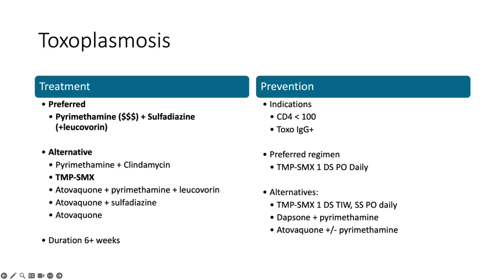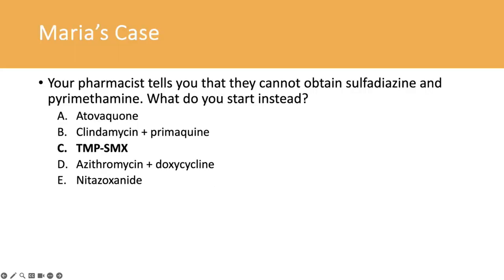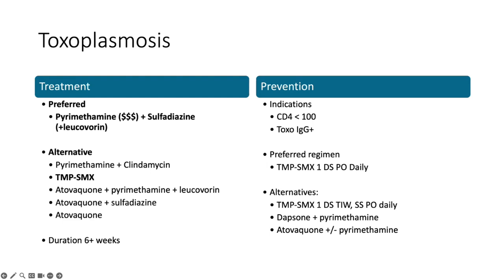I would start TMP-SMX. Your preferred is pyrimethamine-sulfadiazine, but more and more people are finding that Bactrim is also quite effective in the treatment and often easier to obtain, especially for the long course, because people often are not in the hospital for the full 6+ weeks of treatment, and often it can be beyond that. There are other alternatives as well, but really it's Bactrim that tends to be used.